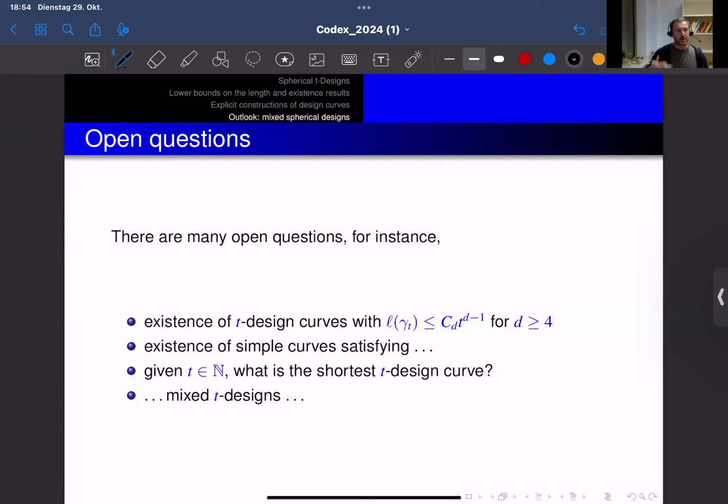So you add more properties of the curve. Of course, for a fixed t, you could ask, what's actually the shortest t-design curve? At the moment, it's just clear for t equals 1 that the shortest t-design curve is a great circle. But already for t equals 2, it's not so clear anymore. And then for mixed t-designs, where you combine points and curves, of course, there are plenty of other questions to be asked. Okay, that's it, I promise.